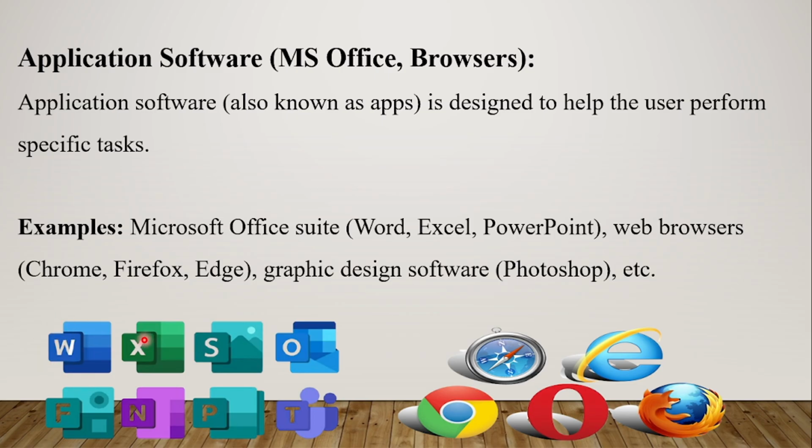Excel for working with data and calculations. Web browsers like Chrome or Firefox for accessing the internet. And graphic design tools like Photoshop. These tools make the computer useful in our daily work and studies.